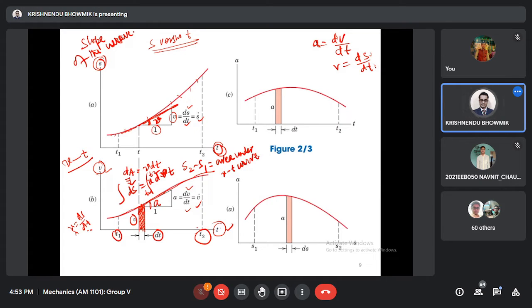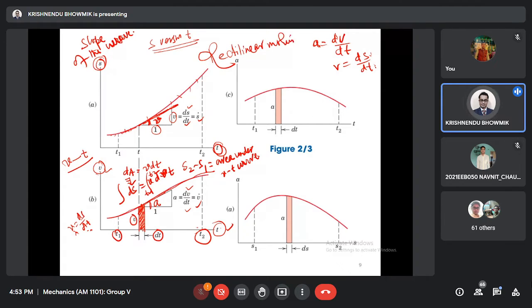That means the distance traveled by the body between two times t1 and t2, it is rectilinear motion. Be careful, we are discussing rectilinear motion.